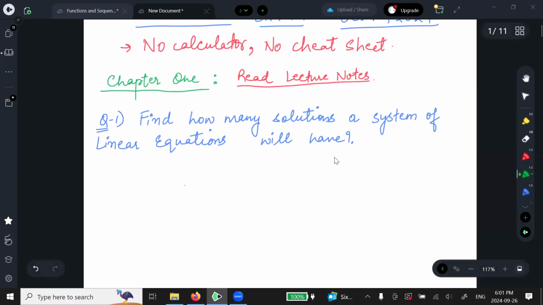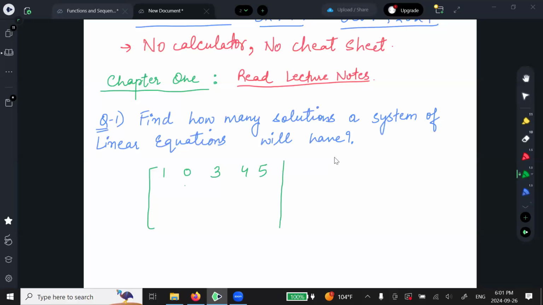For example, let's just say I give you this matrix. I have 1, 0, 3, 4, 5, and I have say 7 here, and then I have 0, 0, 1, 2, 3, 5, and then I have 0, 0, 0, 0, 4, 2, 0, 0, 0, 0, 0, 0.